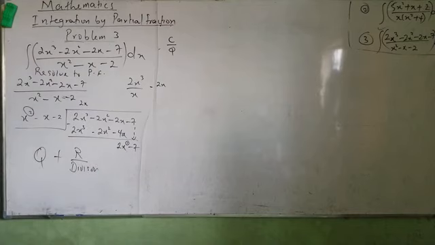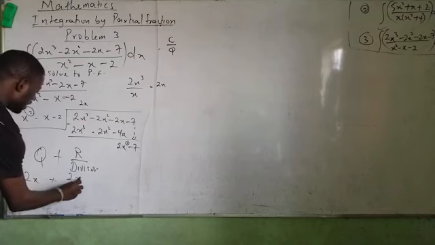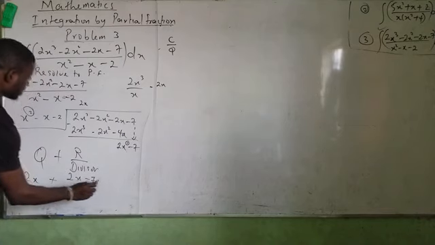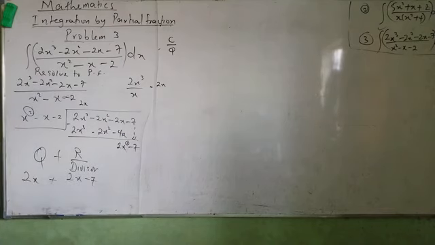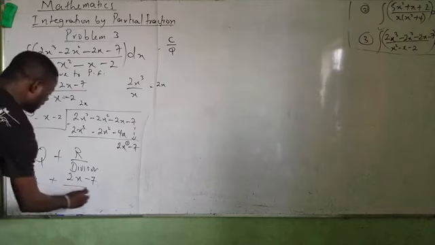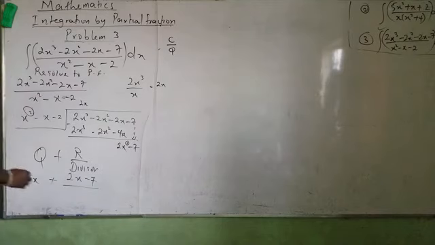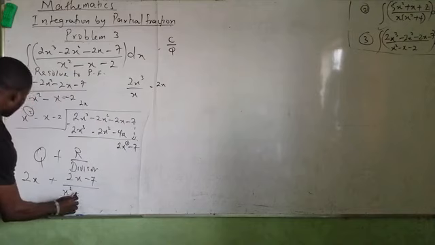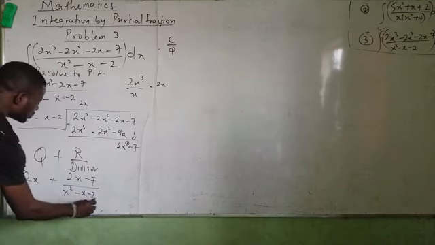Your quotient is 2x, plus your remainder, 2x − 7. Is it minus 7? Yes, minus 7. Divided by your divisor, x² − x − 2.